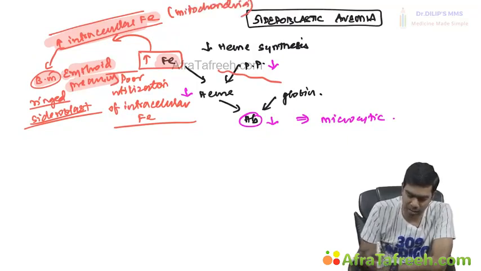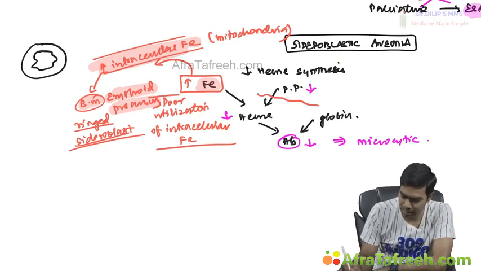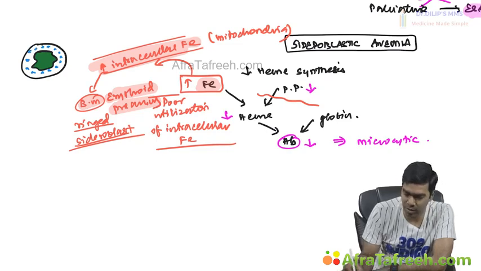If you have an RBC precursor, you have a nucleus here, and you have the mitochondria here in the cell. This mitochondria will show excessive iron, which I have put in blue.